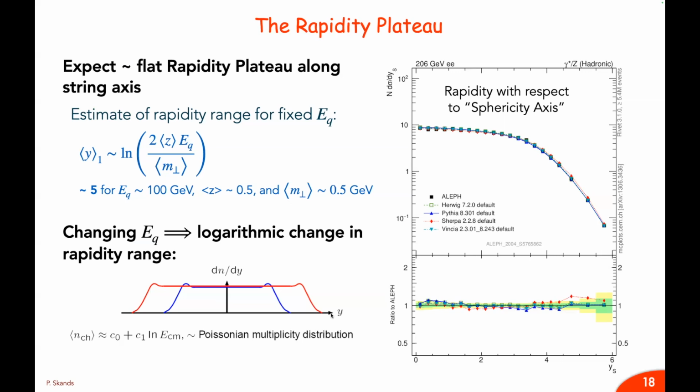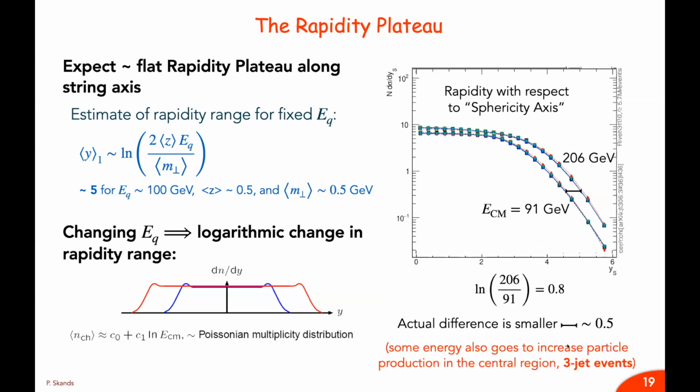So it's really in the center of mass of this parton and its color partner. So it's a generalized notion of rapidity. It's along the string axis. And of course, beam remnant fragmentation does take place along the beam remnant axis. So there is a rapidity plateau at the LHC along the beam axis, but jets will have rapidity axes that go out along the jets, not along the beam necessarily.